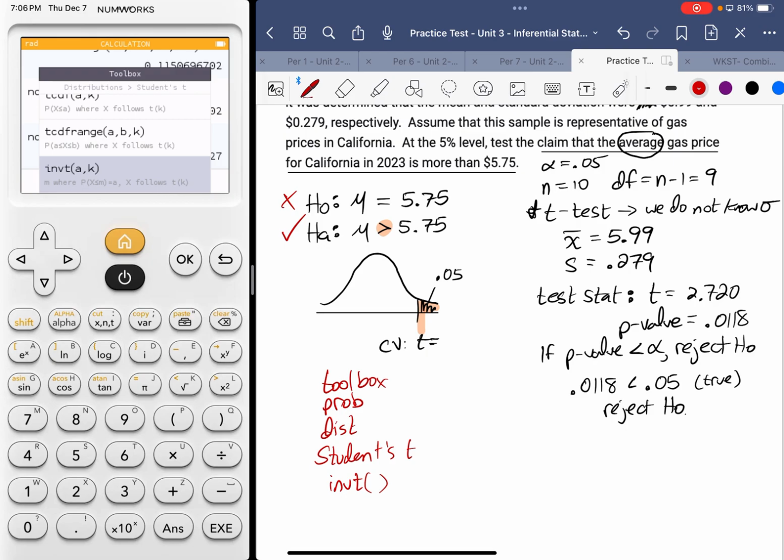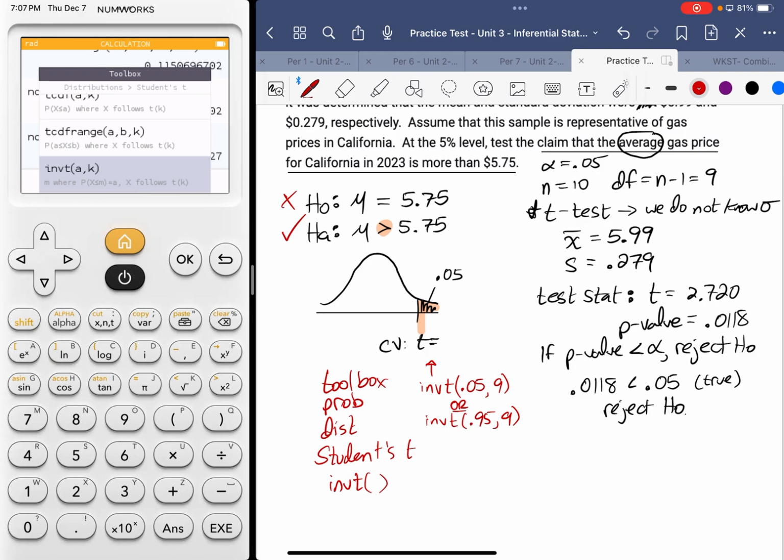Anyway, so I'm going to put in inverse T of the area, which is 0.05 with 9 degrees of freedom, or you could put in inverse T of 0.95 with 9 degrees of freedom. All right.